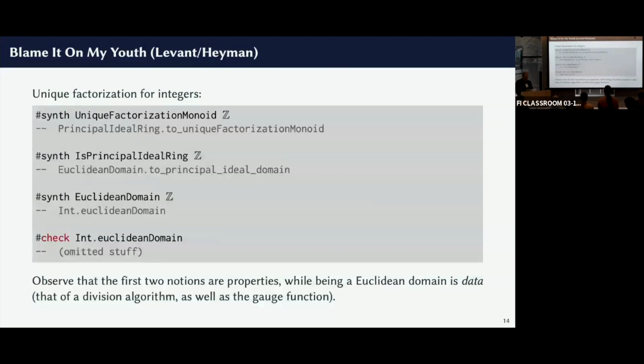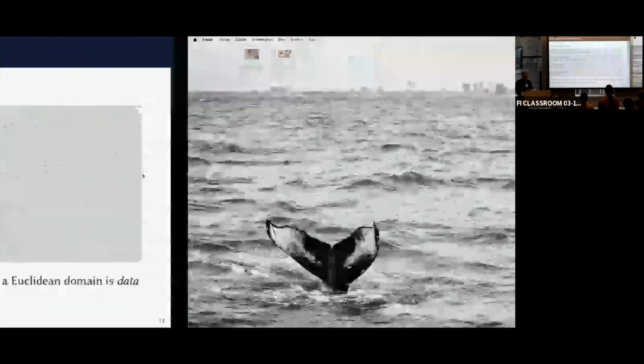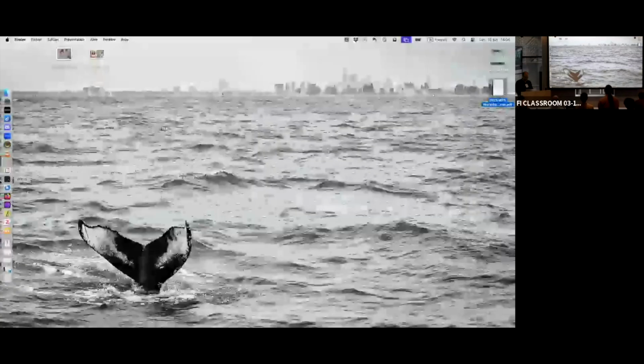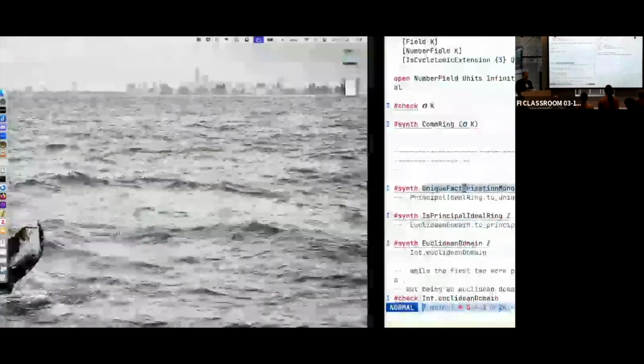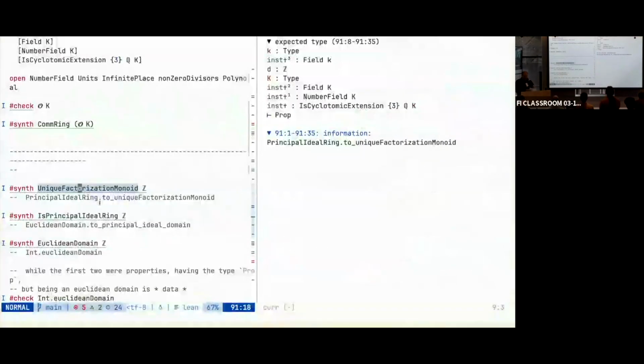So if I go back to the stuff, if I can find it again, it's there. I introduced a new hashtag, hashtag synth, just because it was simpler to show. When I write this, I say, do you have an instance somewhere that this is true? So it means synthesize.